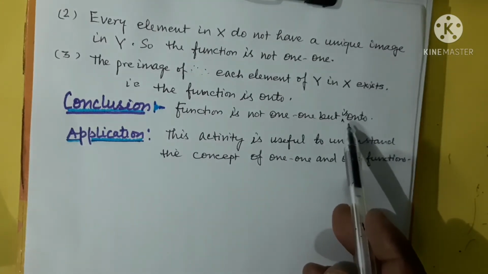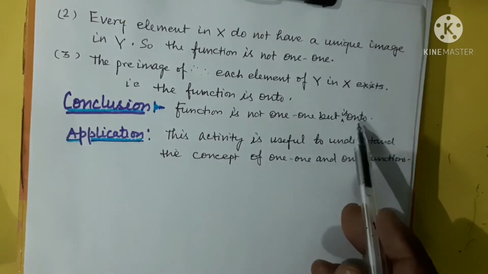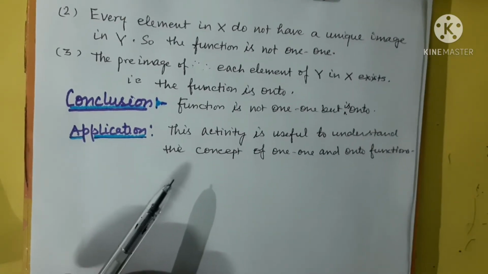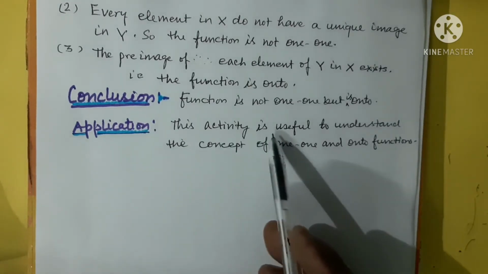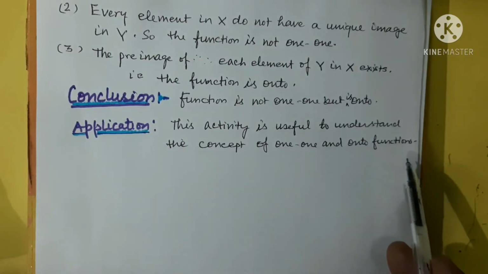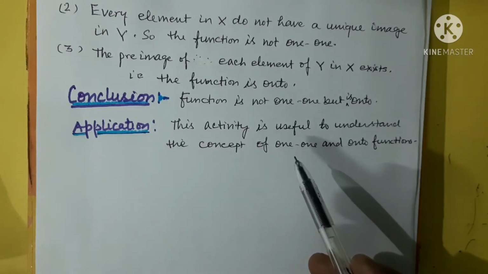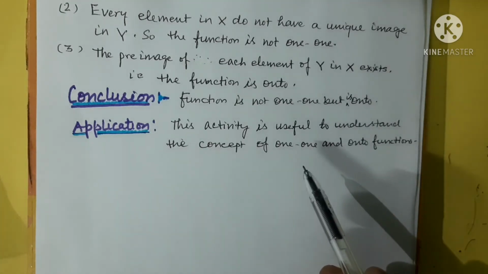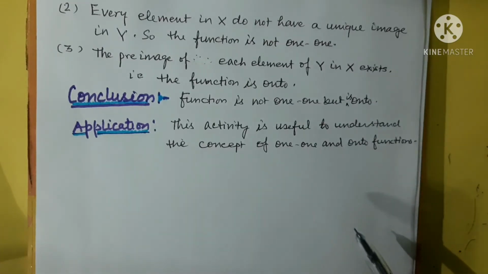From the mapping it is clear that the function is not one-one but is onto. And as for the application, this activity is useful to understand the concept of one-one and onto functions. So this is all about the concept of the function which is not one-one but is onto.